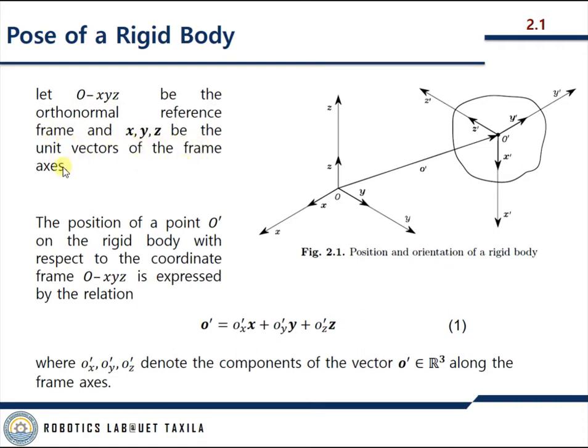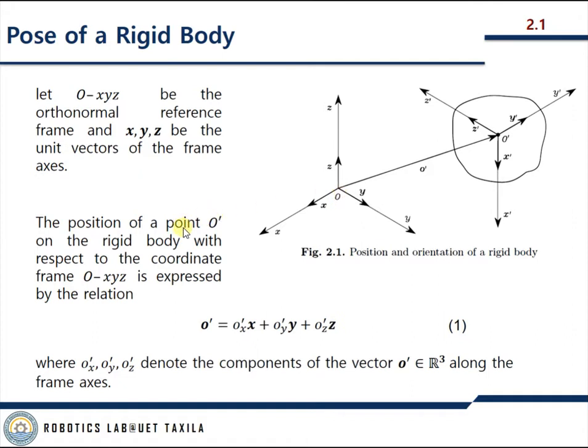I would like to mention here that orthonormal vectors are vectors which are perpendicular to each other, and their norm is 1. It is also worth mentioning that vectors and matrices are represented by bold letters like this one. Okay, so this is the orthonormal reference frame.